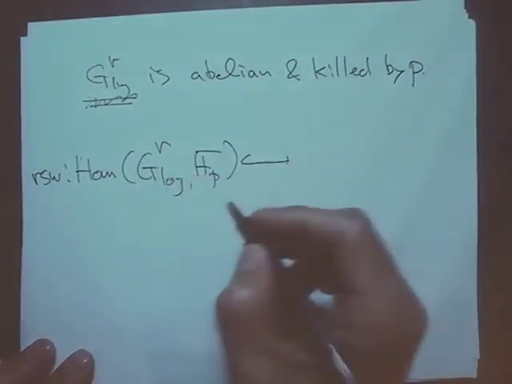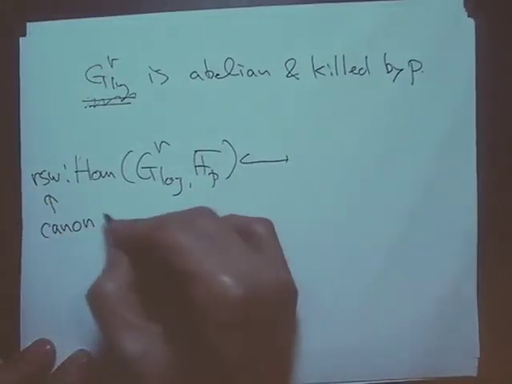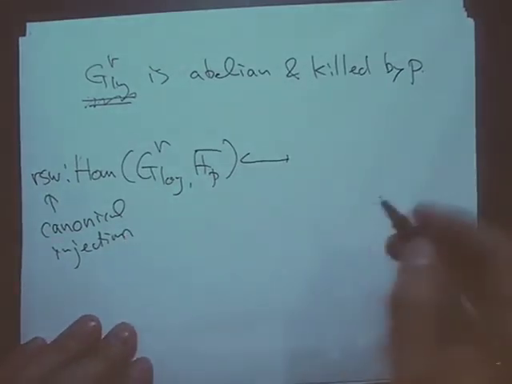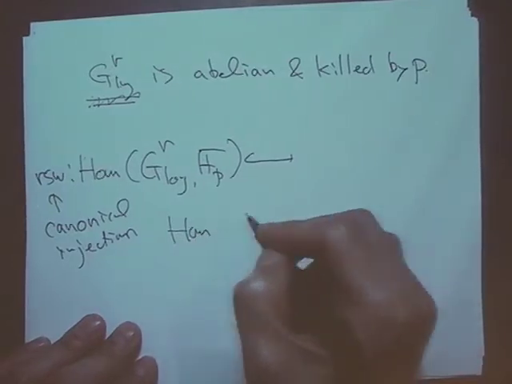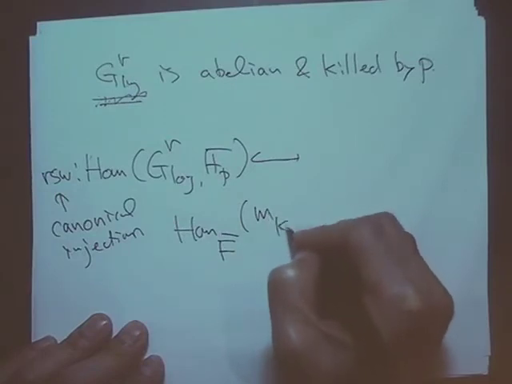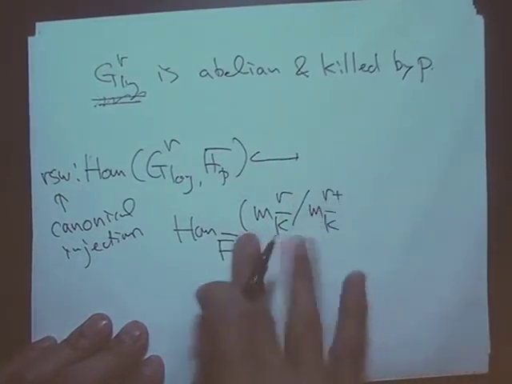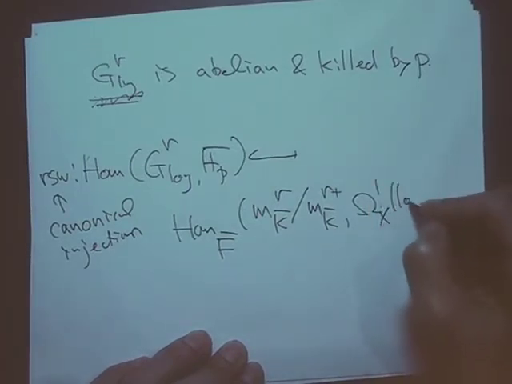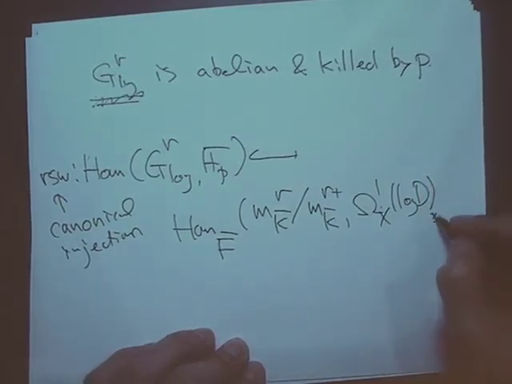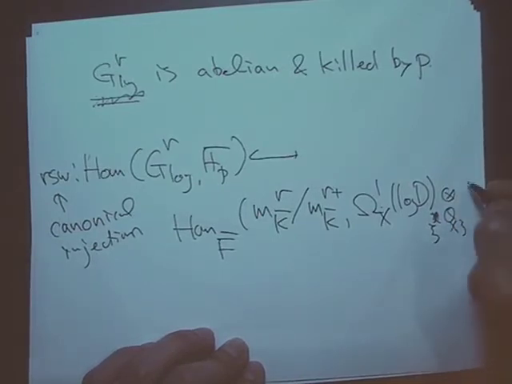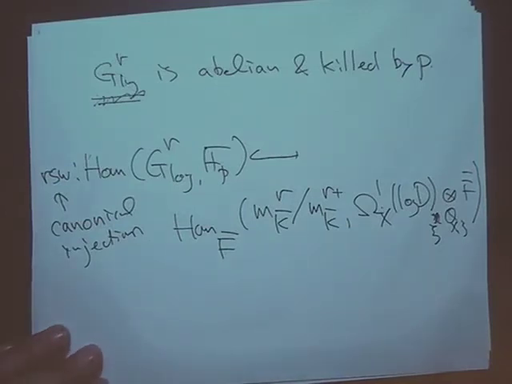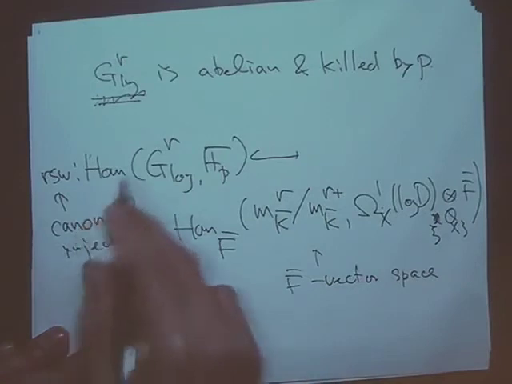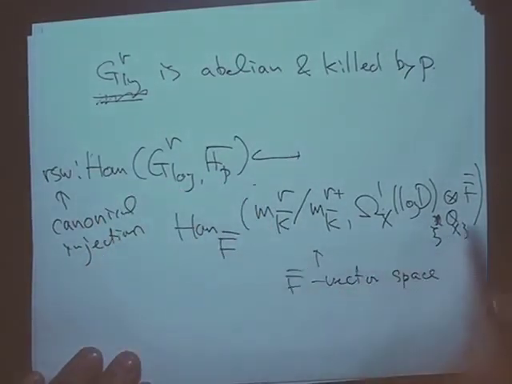So there is a canonical injection into some vector space, Hom over F bar of m_K bar^r over m_K bar^r+, and I will say what this notation means: omega 1 of X log D, we take the stalk at xi, tensor over O_X with xi F bar. So this is a certain F bar vector space, and we have a canonical injection from this character group to this vector space.